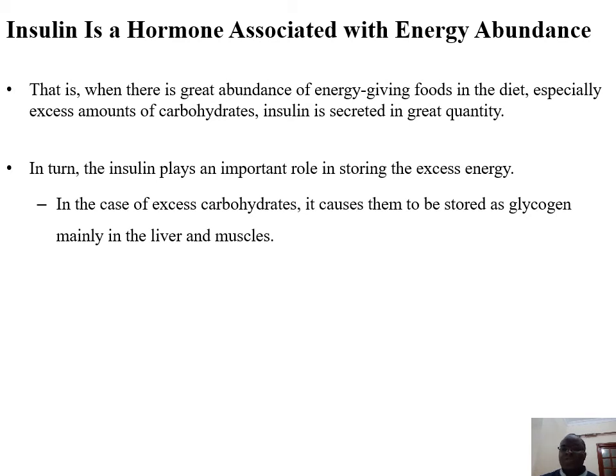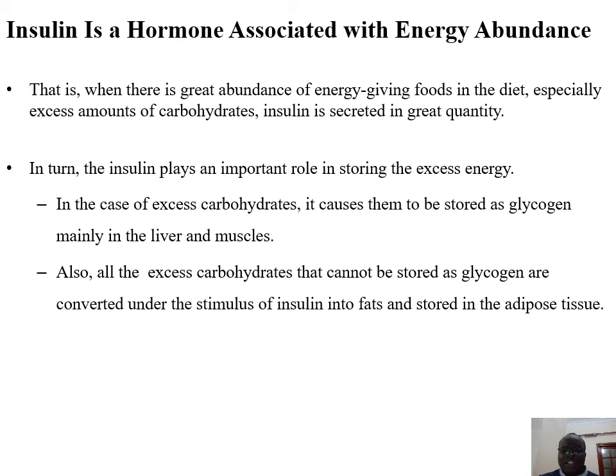In the case of excess carbohydrates, it causes them to be stored as glycogen mainly in the liver and muscle cells. Most of that glucose will be internalized by the liver cells, the hepatocytes, converted into glycogen and stored within those cells. But in adipose tissue, it will be converted into fat, like triglycerides, fatty acids, and so on.